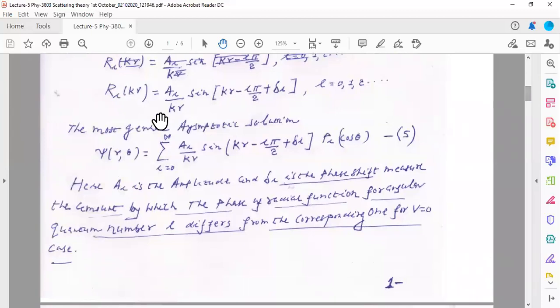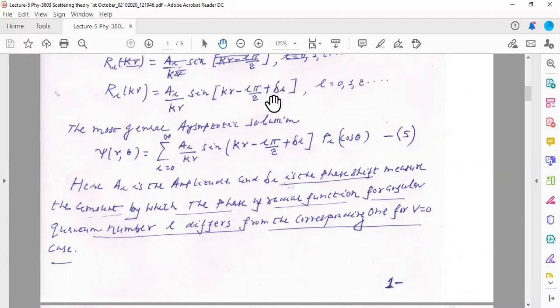So now with this concept of the general solution, you see, once you get the radial part in the region of potential where the particle experiences a potential, because of the potential there is an existence of the phase shift. The radial part is affected because of the potential, and this is measured by the phase shift.